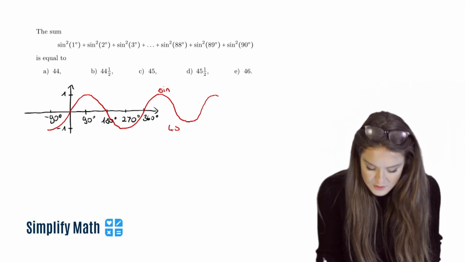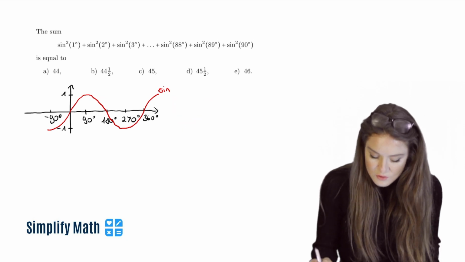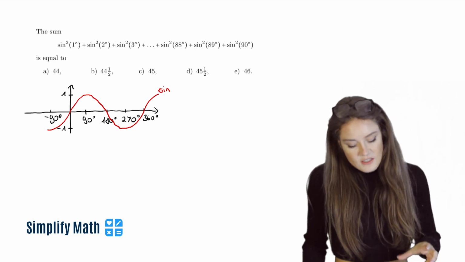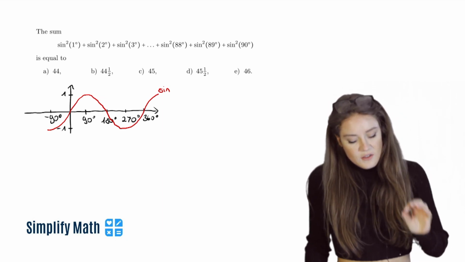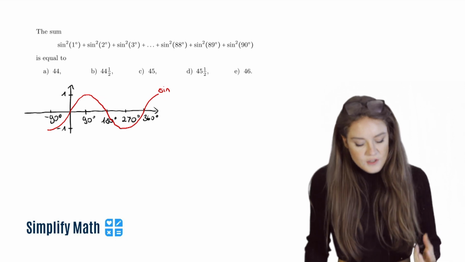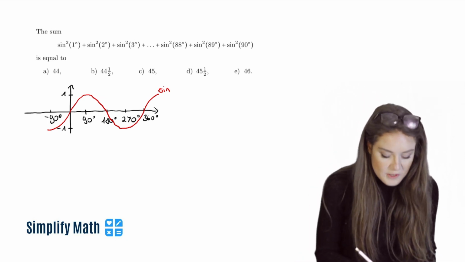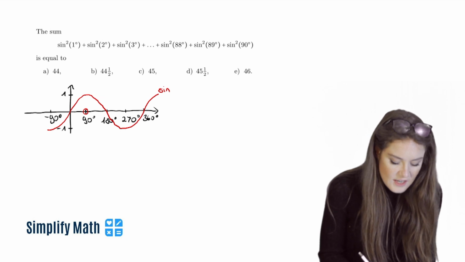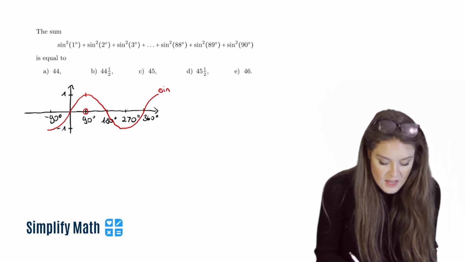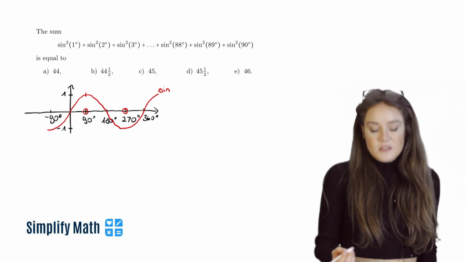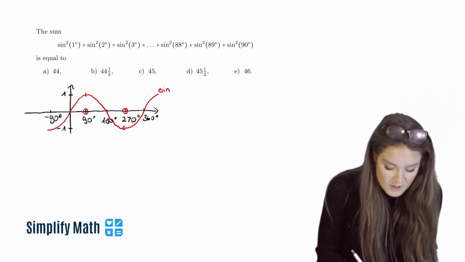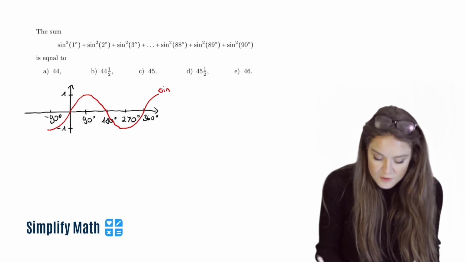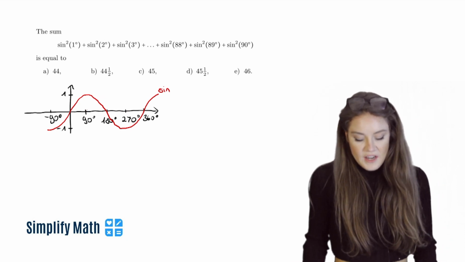That's what we can do to make a sketch of the sine function. You can also see a few values of the sine function. For example, at 90 degrees, the sine function has a maximum at 1, and at 270 degrees it has a minimum at -1. So a few values you can see from there.